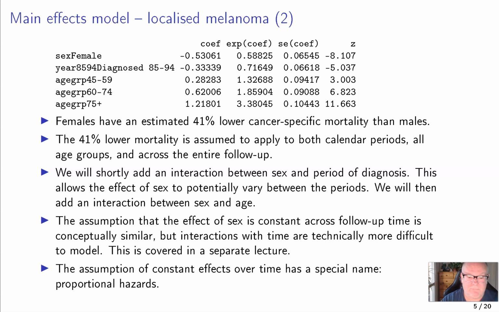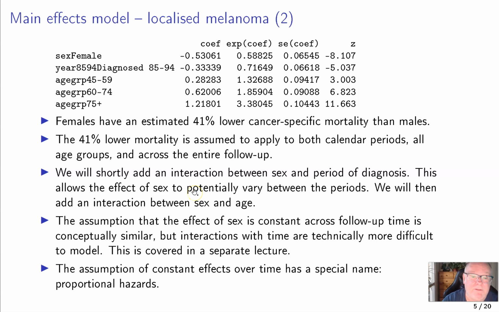So here is what I just said on the slides. We're very shortly going to add an interaction between sex and period of diagnosis to see if the estimated effect of sex potentially varies between the two calendar periods.